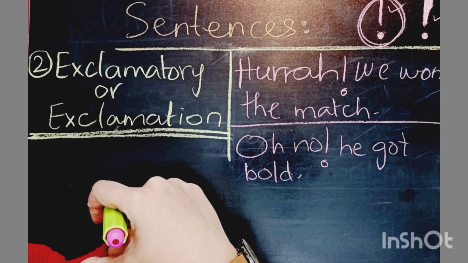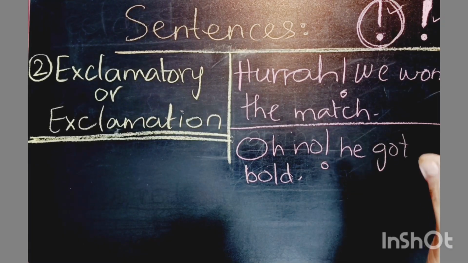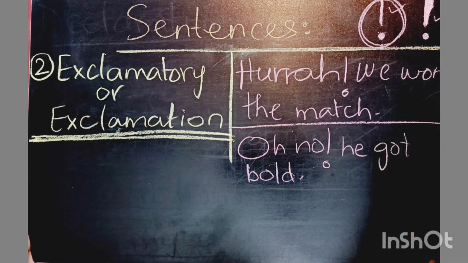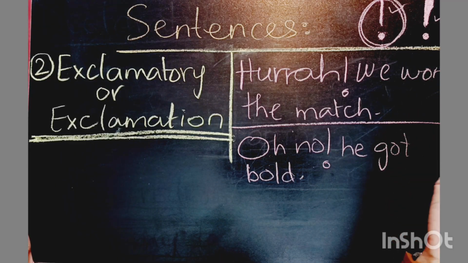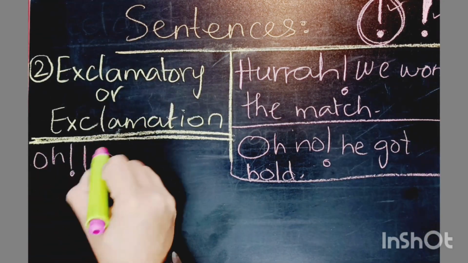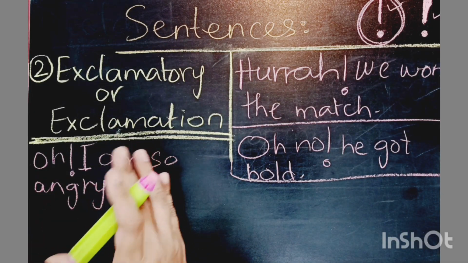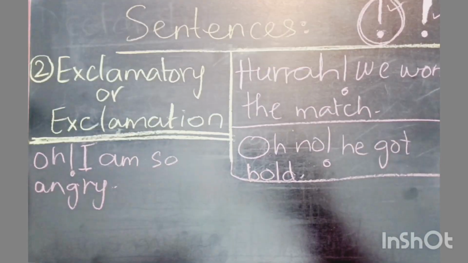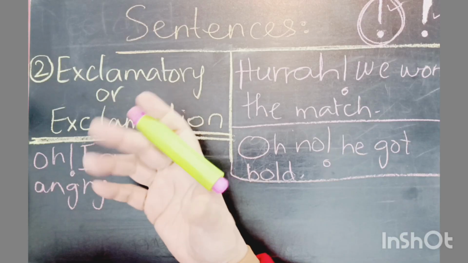So, in this sentence, a person is expressing his or her very sudden emotions. The player getting bored. Oh, I am so angry. This sentence actually is showing us the frustration or the anger.